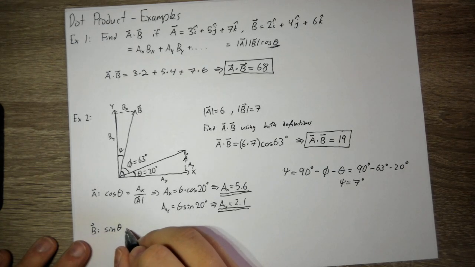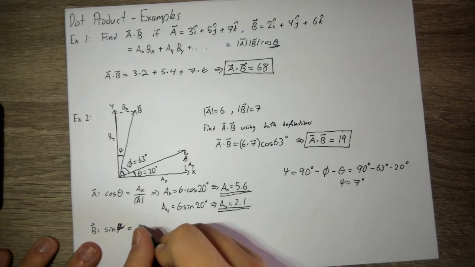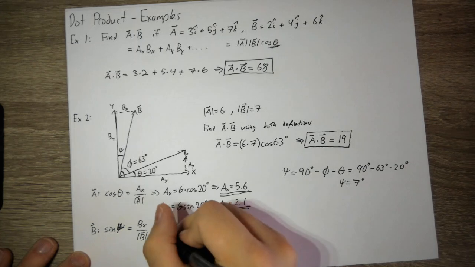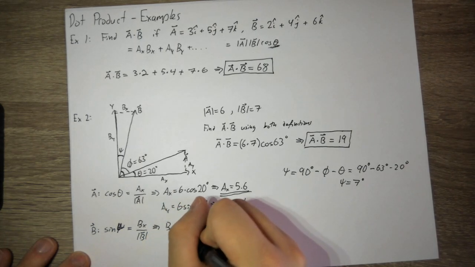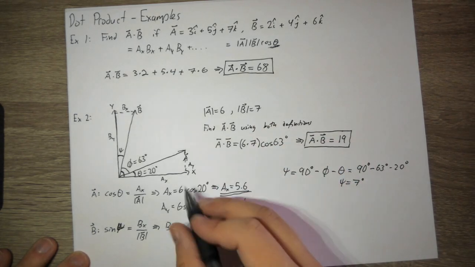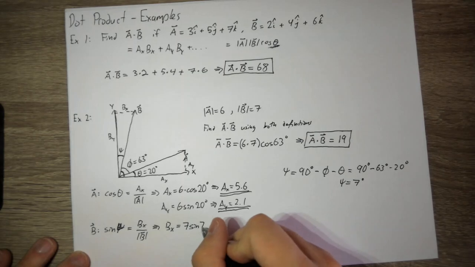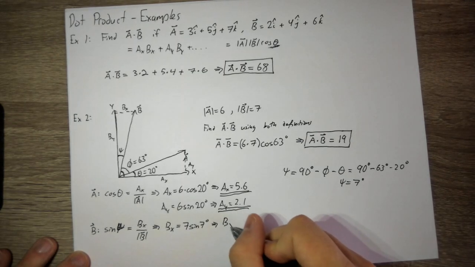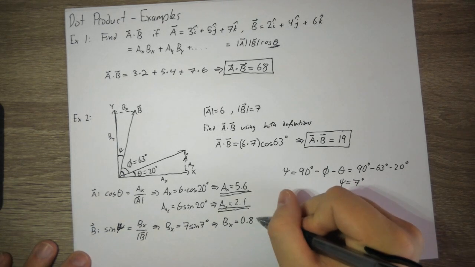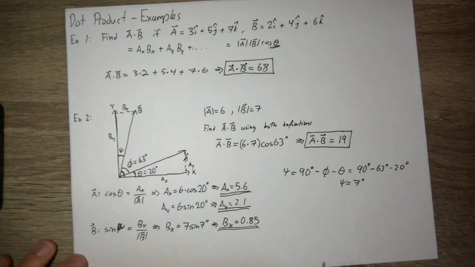Sine of this angle is equal to Bx over the magnitude of B. So Bx is equal to 7, the magnitude of B, times sine of 7 degrees, and from that we get that Bx equals 0.85, which is this side up here.